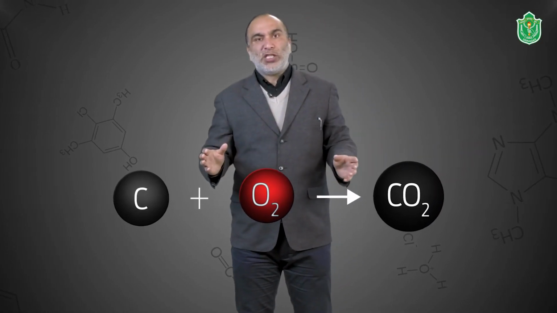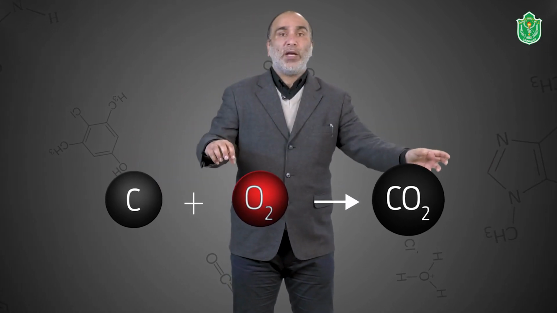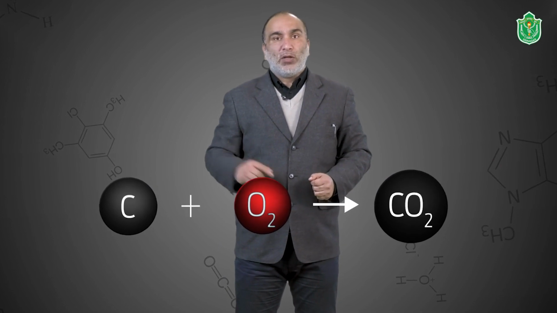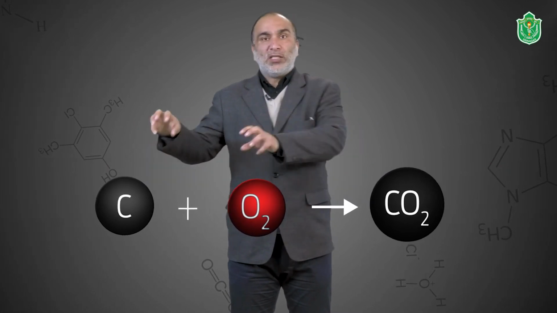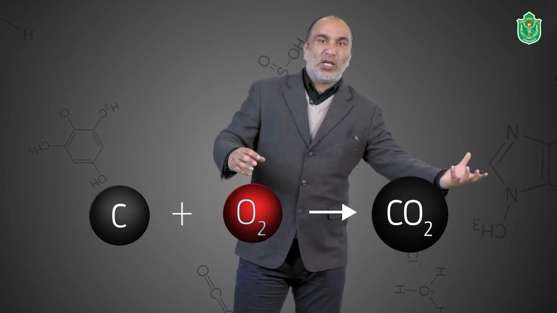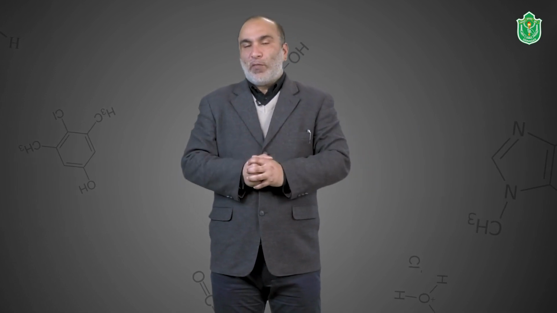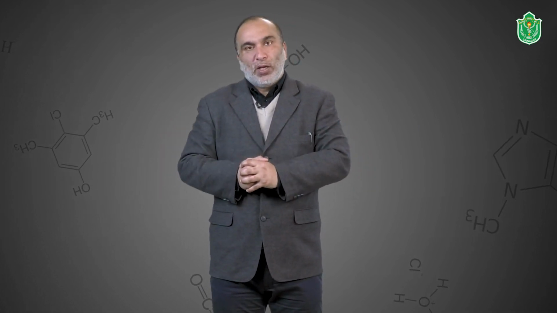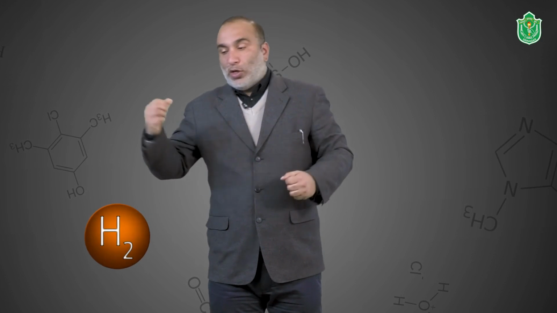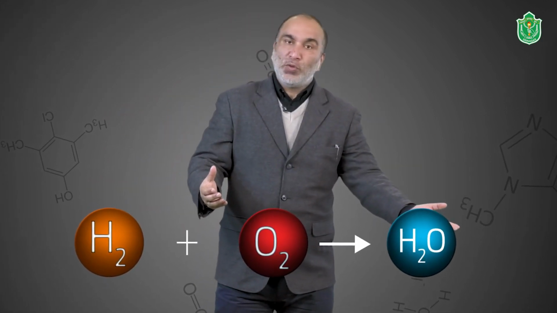Now in this reaction we see how carbon is combining with oxygen and the product which is formed here is carbon dioxide. Carbon and oxygen are two reactants which are combining together and the resultant is a single product, carbon dioxide. Similarly, if we go with the formation of water, hydrogen combines with oxygen to form water, H2O.